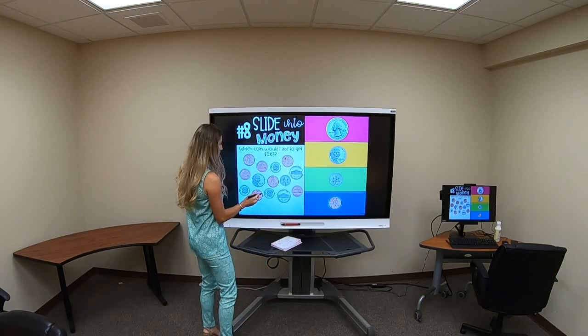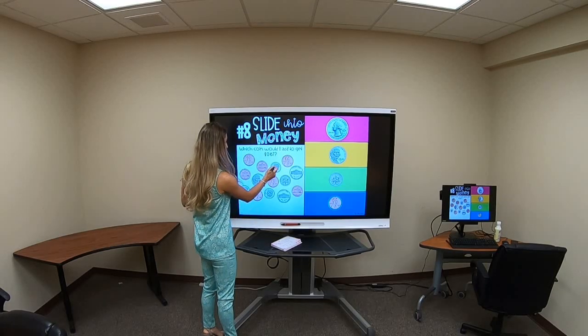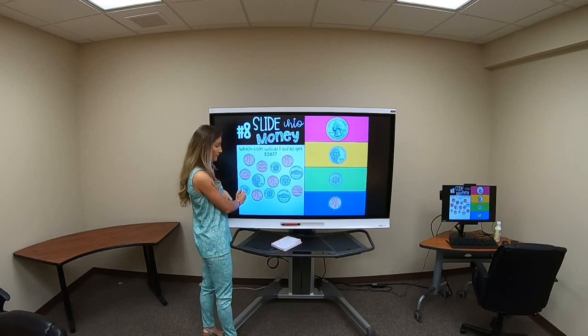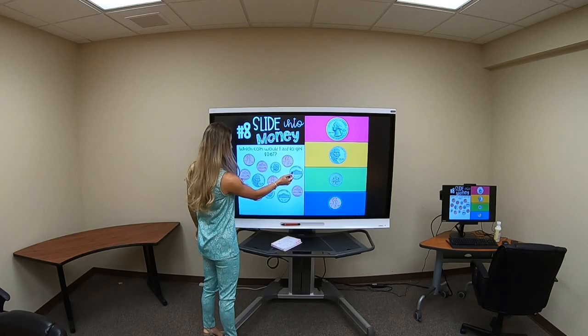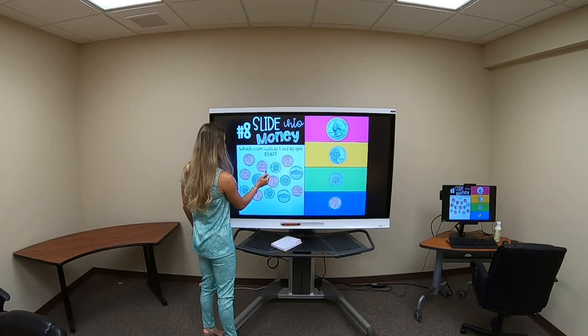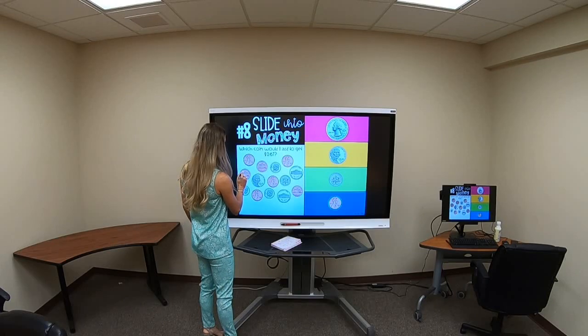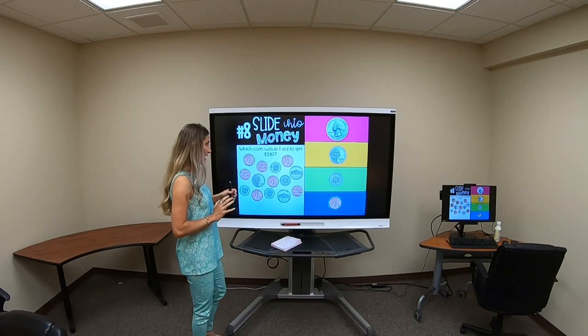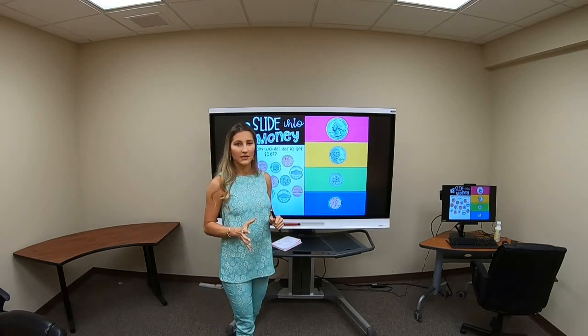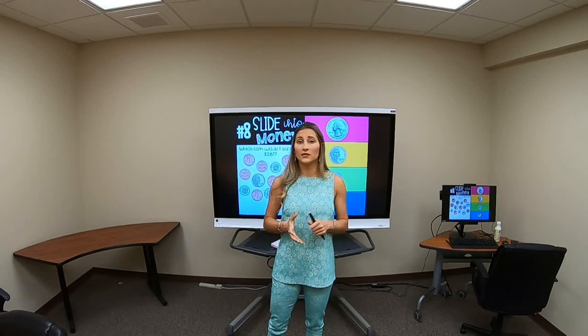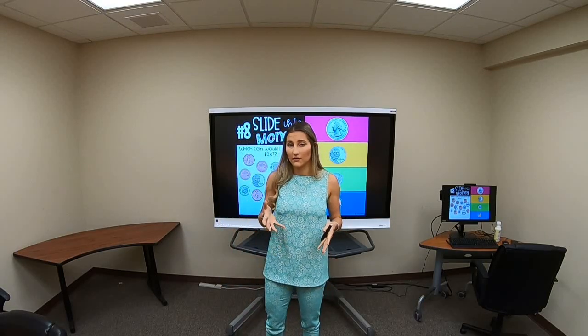We don't have any quarters. Let's start with our dimes. 10, 20, 30, 40, 50, 55, 56, 57, 58, 59, 60, 61, 62 cents is what we have. So if you do 67 cents minus our 62 cents, how many cents are you missing?